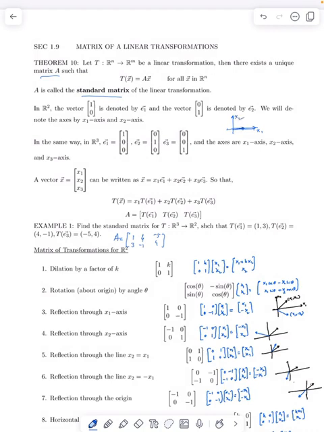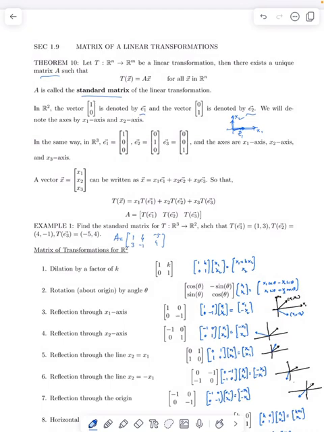So the 1 0 vector is the vector on the horizontal axis of size 1, and then 0 1 is the unit vector along the vertical axis, and we have special names for them. The one on the horizontal is denoted by E1 bar, and the one on the vertical axis is denoted by E2 bar.